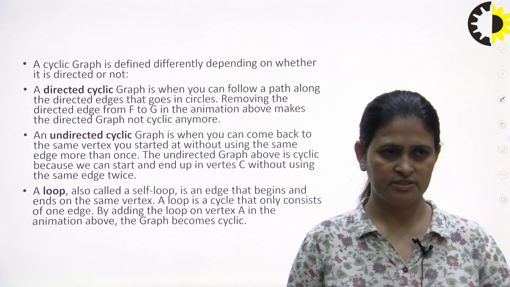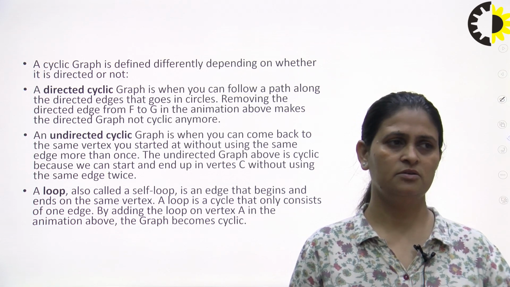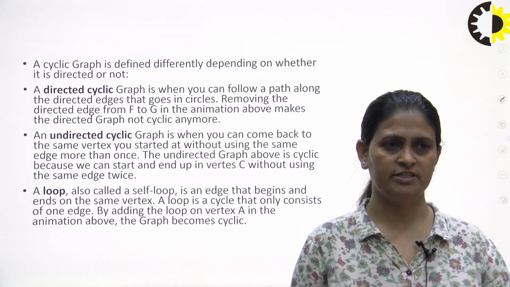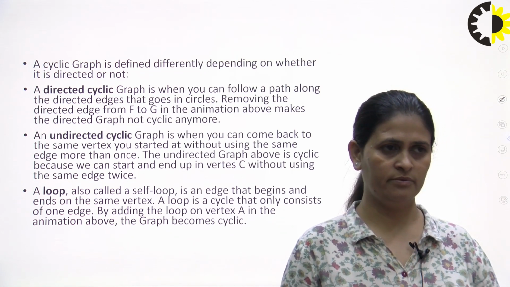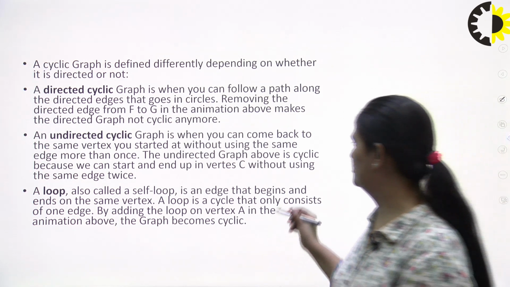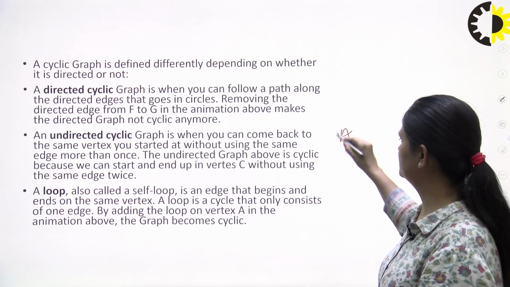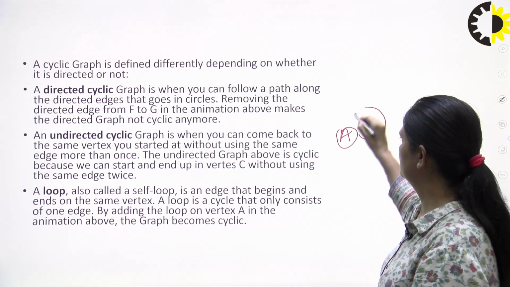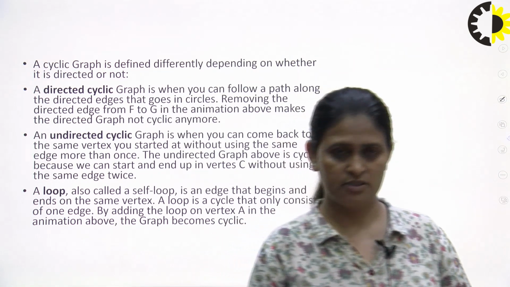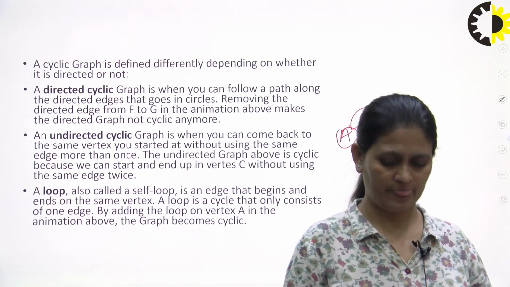A loop is a cycle that only consists of one edge. By adding a loop on vertex A in the animation above, the graph becomes cyclic. Suppose here is A, and an edge connects to the same vertex. It is the same vertex, so it is called a loop.